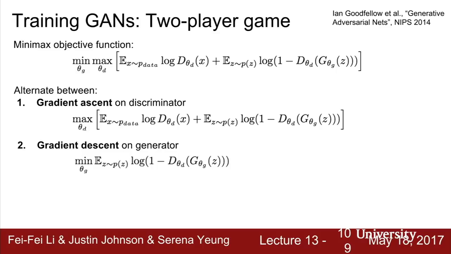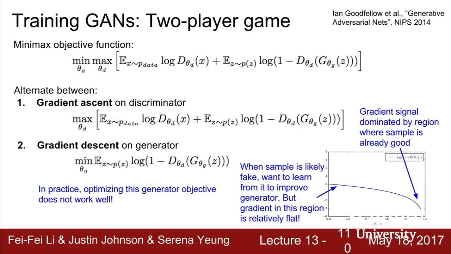And here we are only taking this right part over here because that's the only part that's dependent on the theta g parameters. Okay, so this is how we can train this GAN. We can alternate between training our discriminator and our generator in this game, each trying to fool the other, or the generator trying to fool the discriminator.